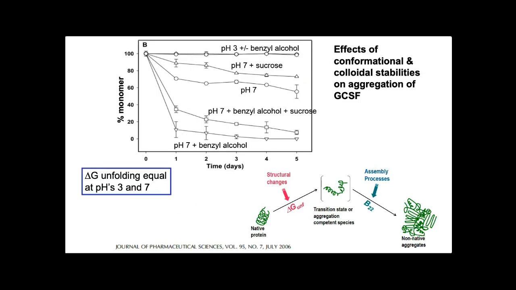And here's an example of the importance of the so-called colloidal stability. Again, looking at the protein monomer loss as a function of time at pH 7. In this experiment, you can see it here, sucrose slightly inhibited that. For this experiment, the important observation was benzyl alcohol greatly accelerated aggregation loss of monomer at pH 7.